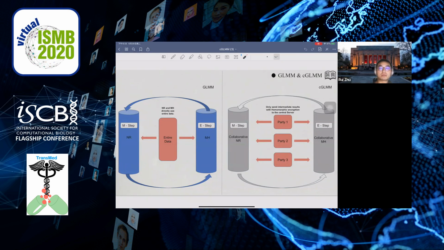For example, here we have 3 parties in the system. In both E and M step, each party sends a homomorphic encrypted intermediary result to central server. Server uses those results to compute the update, then sends the update back to each party.